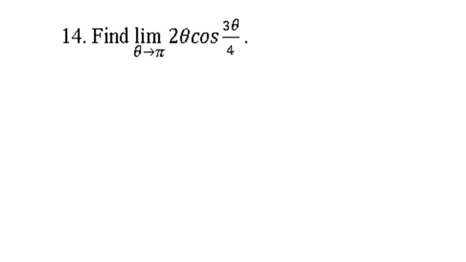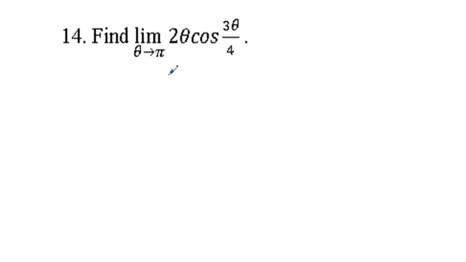In problem 14, we haven't gone over trig very much, but we have: find the limit as theta approaches pi of 2 theta cosine 3 theta over 4.